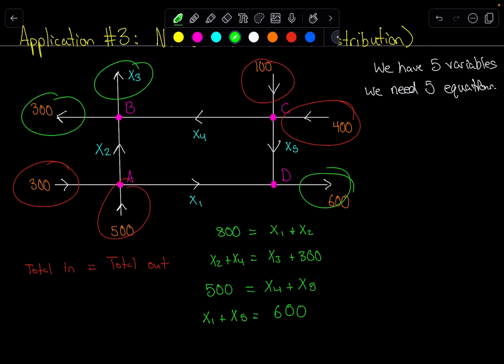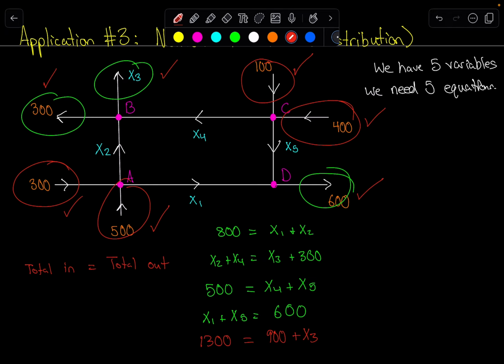And we can create one more equation from that where we get that there's 500 plus 300 in, that's 800, plus another 100, that's 900. This is 1,300 in. And that has to equal the fact that there's 600 going out here, there's 300 going out here, and X3 going out there. So there's 900 plus X3 going out.